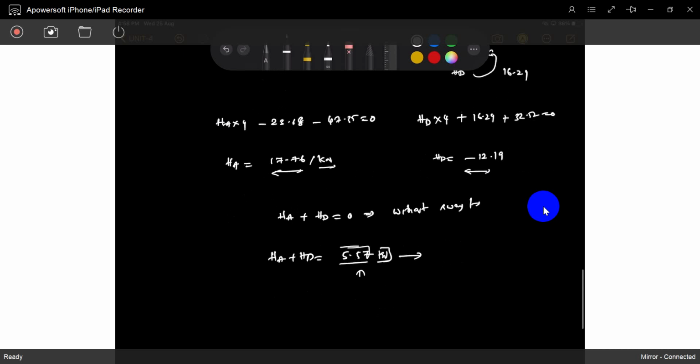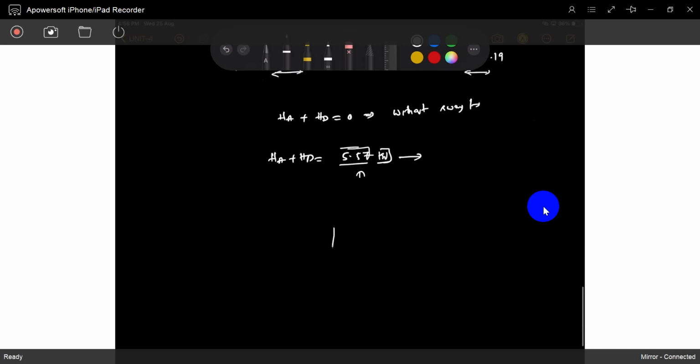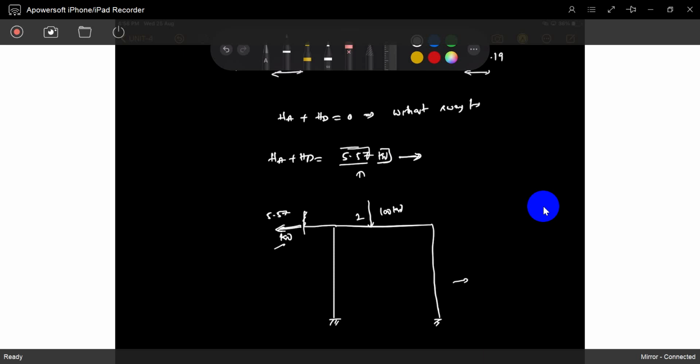If you observe the same system, if you applied a 5.57 kilonewton force here, that means this looks like non-sway.